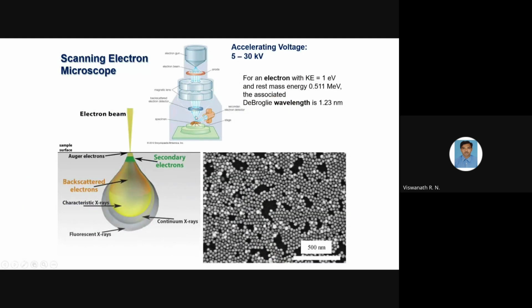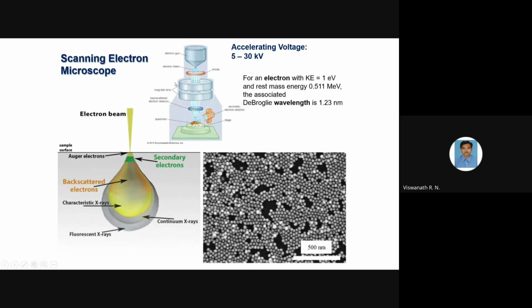When you use a scanning electron microscope, the primary source is electrons. A bunch of electrons are bombarded with high energy, 5 to 30 kilovolts or even higher, 100 kilovolts.